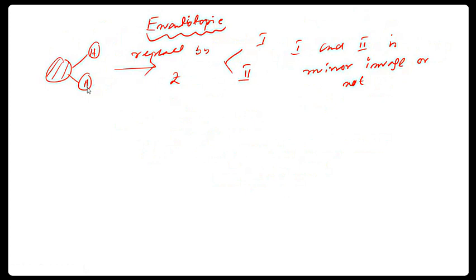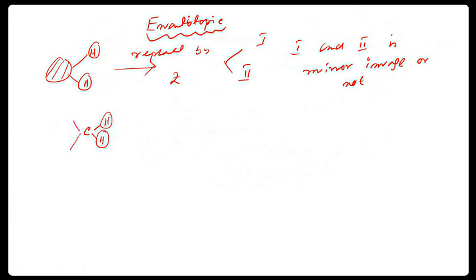So what will be the case for enantiotopic protons? How can we get a clue? Let's say we have a carbon atom with two protons H. They are asking whether they will be homotopic, enantiotopic or diastereotopic.